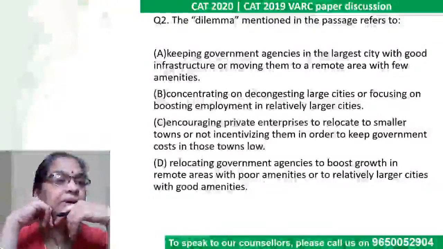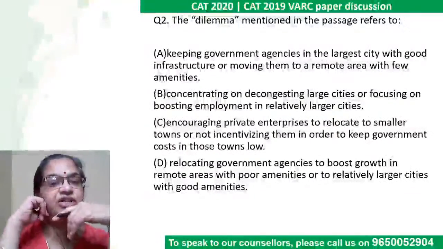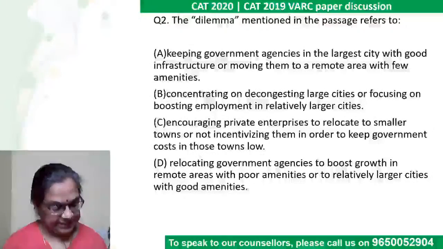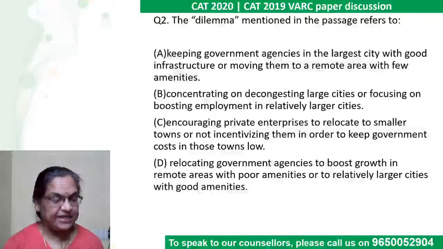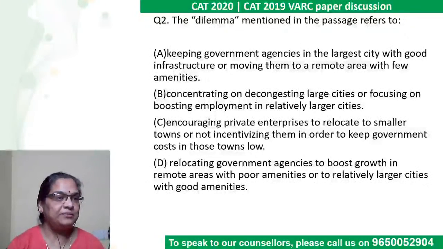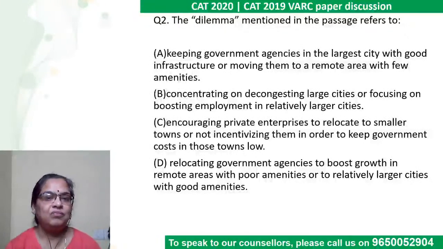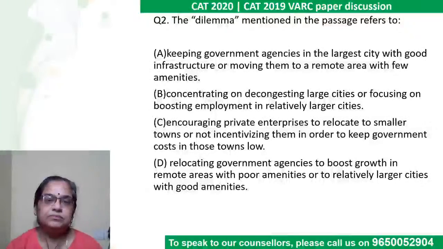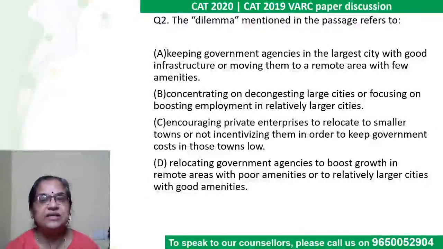The dilemma mentioned in the passage refers to. Now quickly look at the options for 15 seconds and I'll take you back to the passage where he shows the word dilemma. All right. A, keeping government agencies in the largest cities with good infrastructure or moving them to a remote area with few amenities.